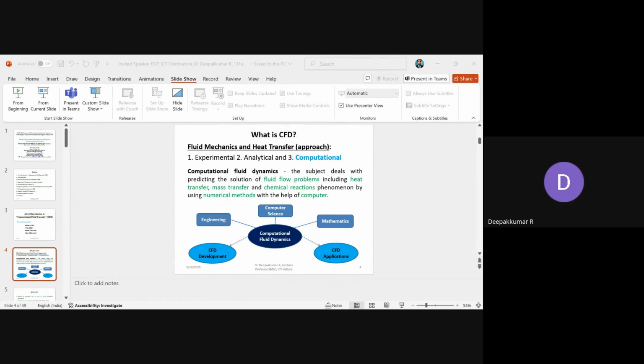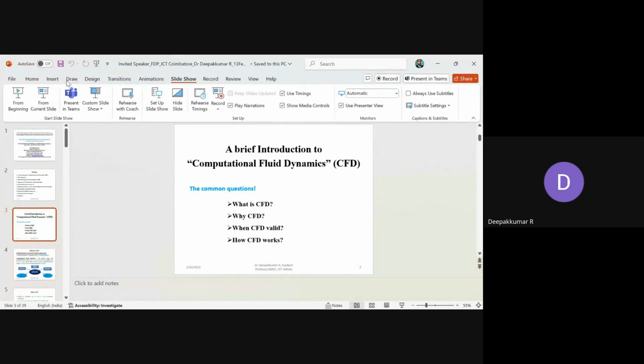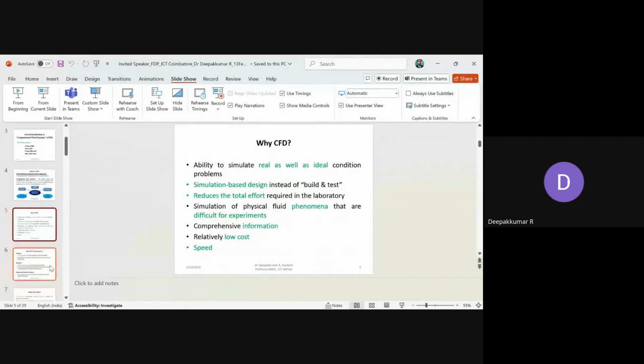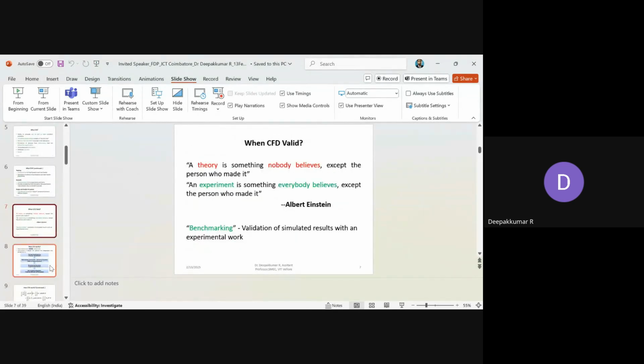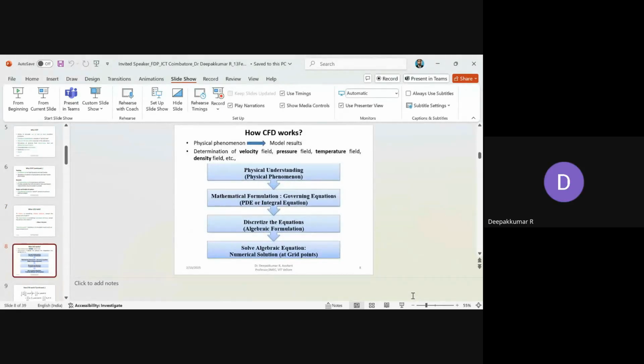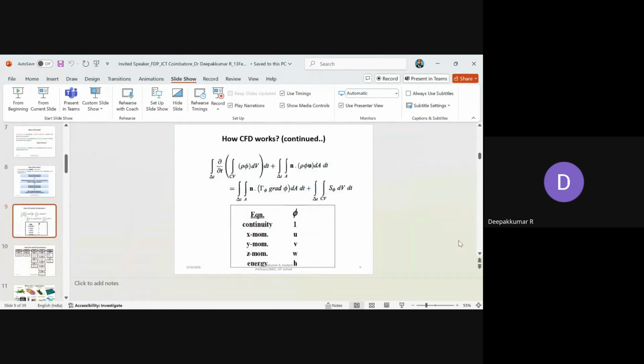Slide number 7, sir. Now I'm changing to slide 8. Still 7. Now in 8, sir. If I use slideshow mode it is not moving, so now I'm making it normal mode.